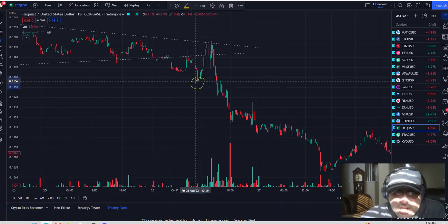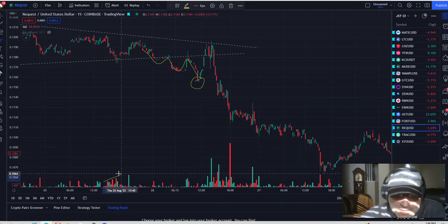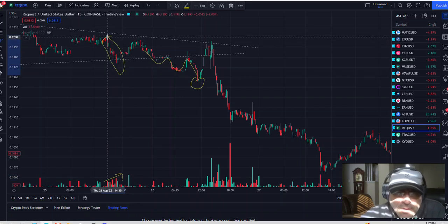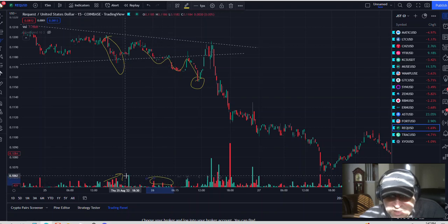Was there any indication that it might distribute, that this wave was in the books? Well, maybe. We had this buildup in supply here on the pullback. This pullback here showed a buildup of supply, so that's correlation. And then here we have a little bit of supply predominance.